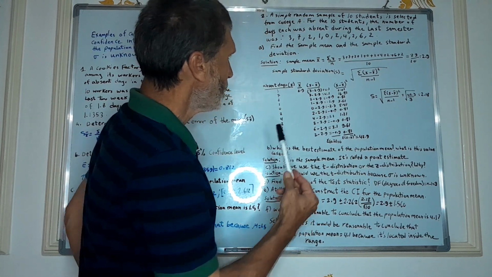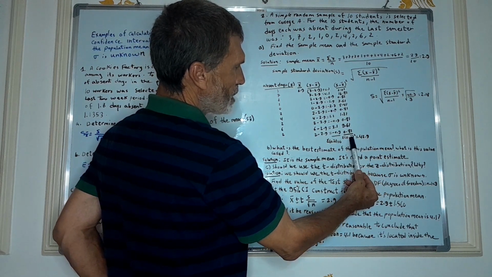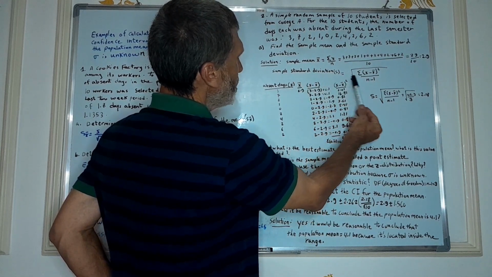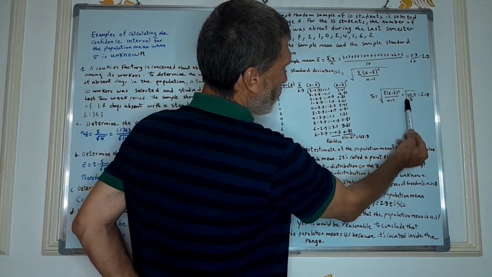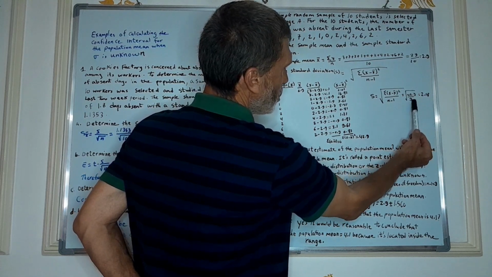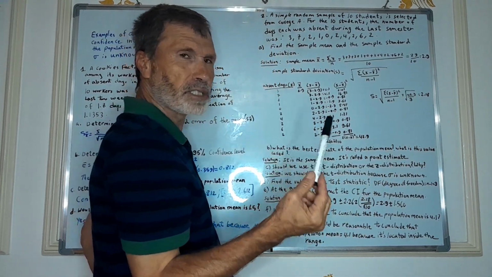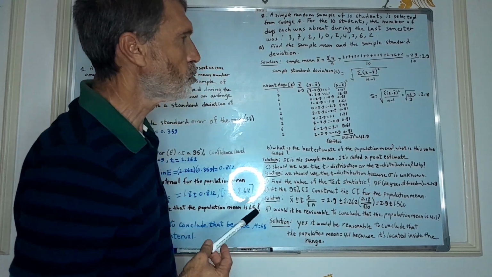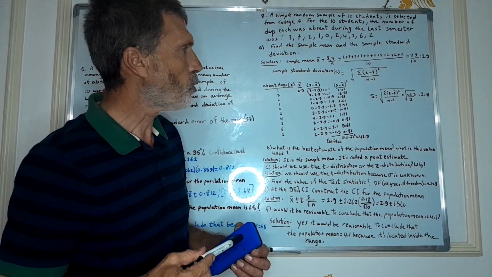Now, we plug the summation of (x minus x bar) squared into this formula, the sample standard deviation. We get the square root of 42.9 over n minus 1, and we have 10 minus 1, 9, and we come up with 2.18. So the sample standard deviation is 2.18.